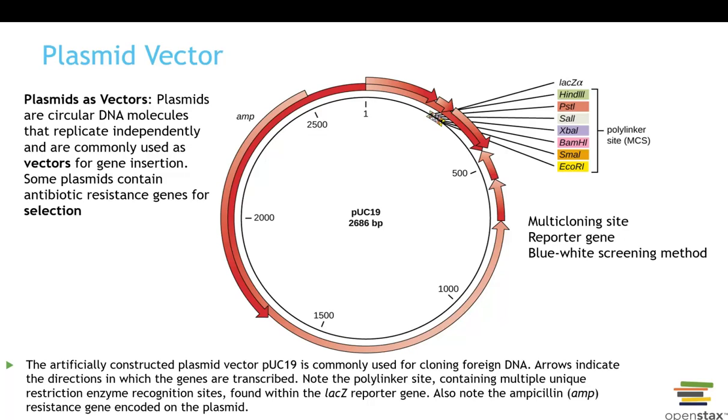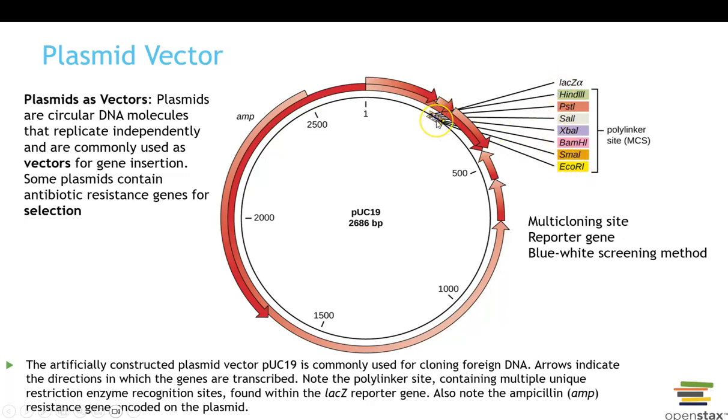So they add a certain region to them that has different restriction enzyme sites. For example, you can see these are all the enzymes that we can use to cut the plasmid here.